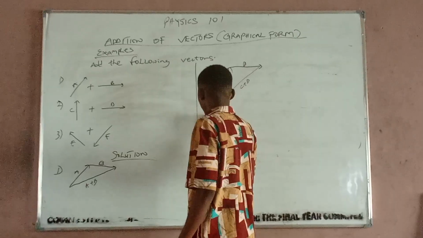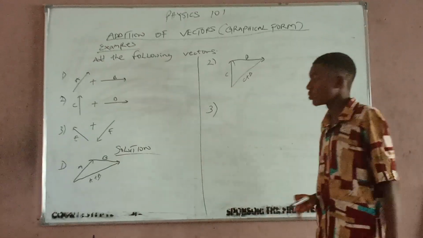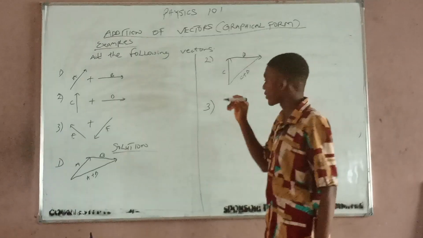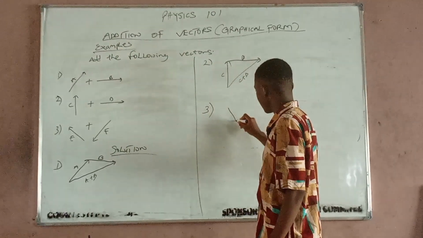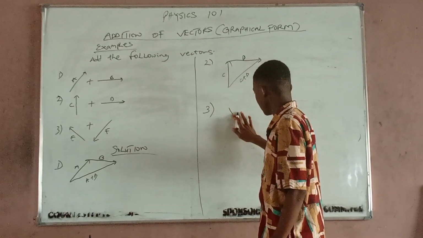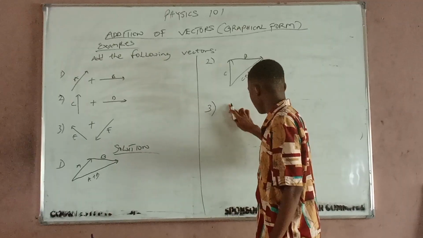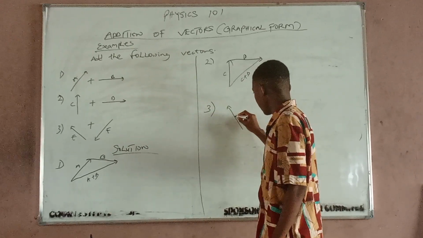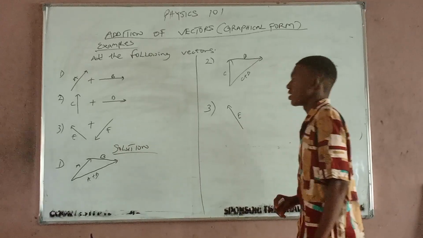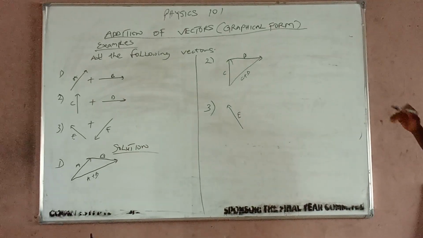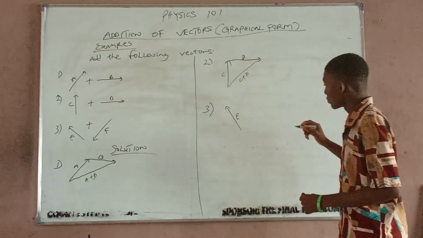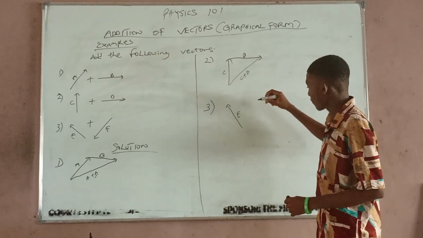Now for the third vector, the same principle. Add the head to the tail. The first vector is like this, vector E. So I will add this to the tail of vector F. Head to tail.